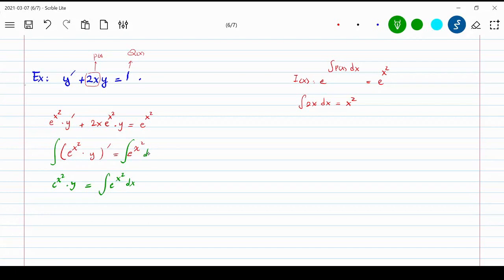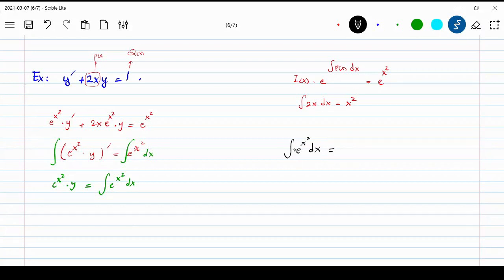I should actually add a dx here. So what we can do is try to calculate the integral of e^(x²) dx, because we would need this. It turns out it's not always that easy to calculate the integral.